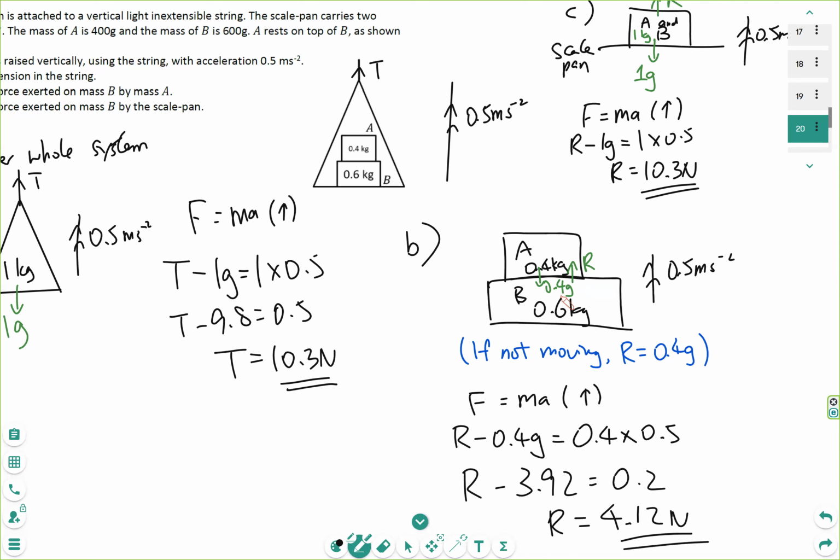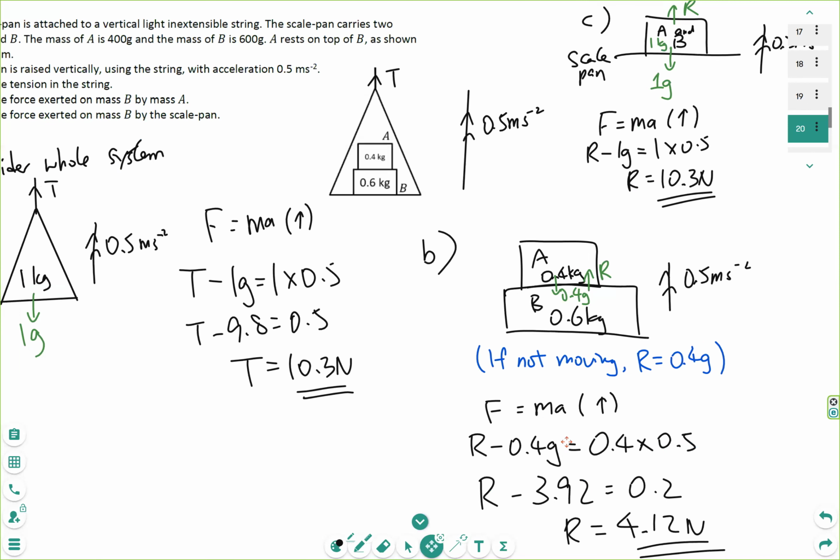That means when you're going up, B is providing you more weight than what you are experiencing. Imagine you're A, you are providing 3.92 Newton to B, but in return, as you're going up, B is actually providing you 4.12 Newton of force, supporting you. Therefore, you feel heavier because even though you only weigh 3.92, you're given 4.12 instead.